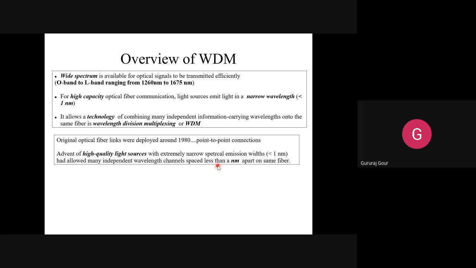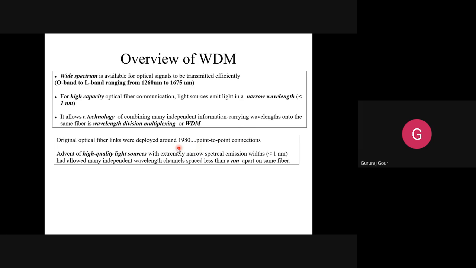Another very striking reason: around the year 1980, the original optical fiber link was first deployed commercially as a point-to-point connection. But it was able to support only a single wavelength.